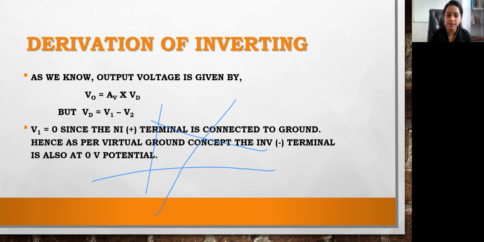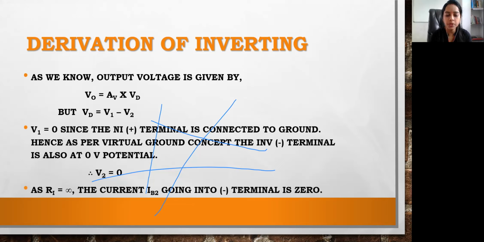In our circuit we have seen that this point is at virtual ground, so V1 is equal to 0, and V2 is also 0 because we haven't applied anything at this point. So Ri is equal to infinity. Therefore the current IB2 at the negative terminal is equal to 0.